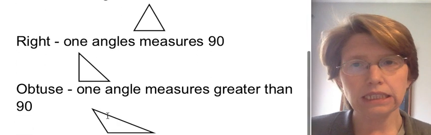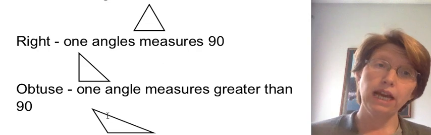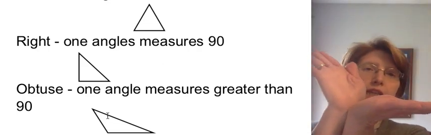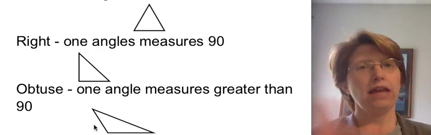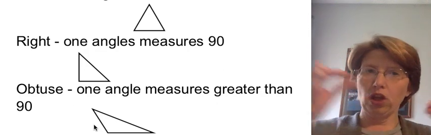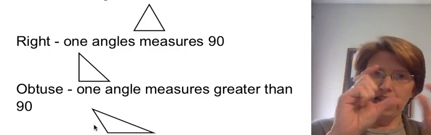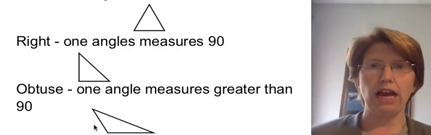And then the last type is obtuse. Again, if one angle measures more than 90, so it's laying back like you're in a recliner, it's going to look like this, okay? If one angle is laying back like that, the whole triangle is obtuse. Those triangles are going to tend to be long and skinny because if you're going to get an angle like that and connect it, it's going to have to be kind of skinny and almost look stretched out.